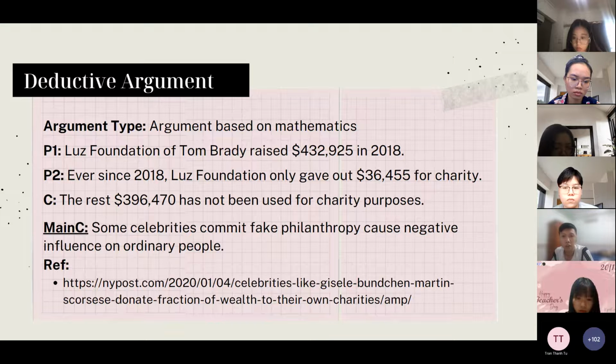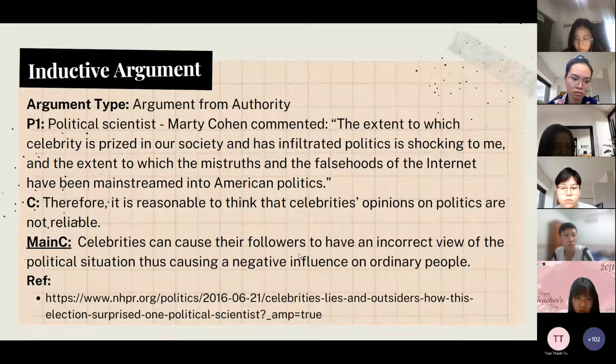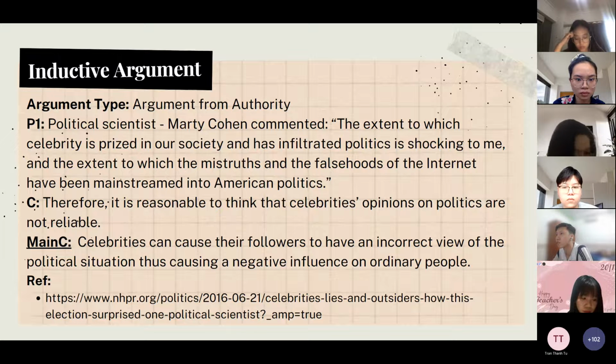So we will move on to the next part. The final part is argument from authority. Political scientist Mary Cohen comments on the extent to which celebrity is prized in our society and has infiltrated politics. It is shocking to me, the extent to which the mistruth and falsehoods of the internet have been mainstreamed into American politics.